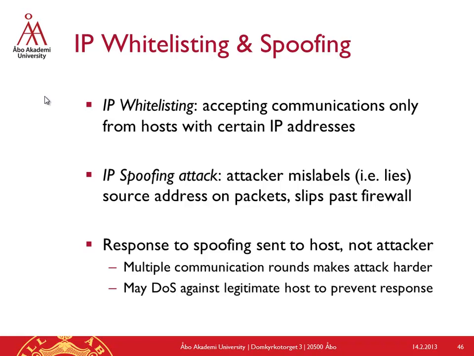Talking about how we can mitigate these problems with networks and particularly with the Internet: there are IP whitelisting and spoofing. With IP whitelisting, we can have a whitelist of IP addresses with which we are able to communicate. There's also another problem, the IP spoofing attack, when a malicious user sets the source IP address of his packets to the IP address of another node.